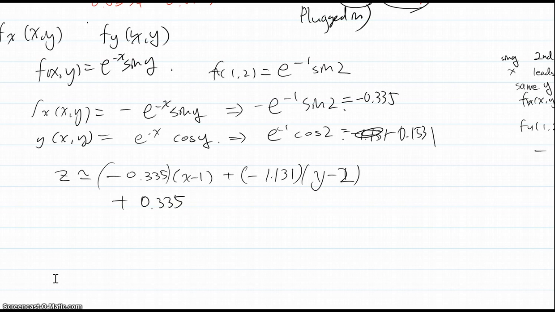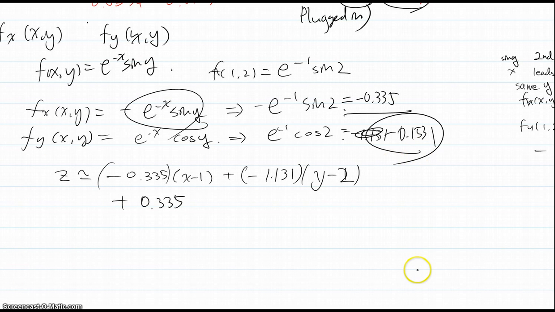As I learned in class, by calculating fx and fy we can get an approximate value of our plane. In this case fx was negative e to the negative x sine y, which gave me negative 0.335, and fy was e to the negative x cosine y, which was negative 0.153.